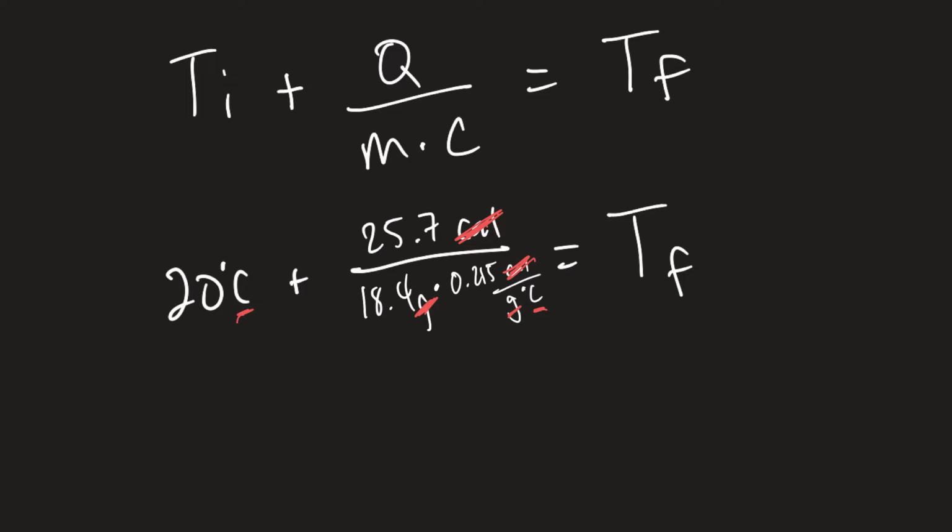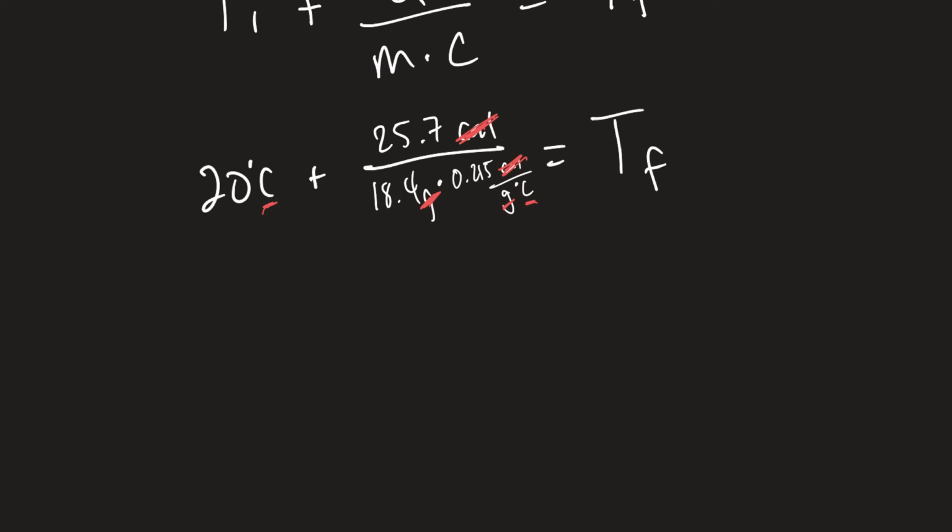That means it will pair up very well with this Celsius, so you can simply add them up. When you put this in your calculator and add up these numbers, you get that the final temperature is 26.5 degrees Celsius. And that's how you figure this particular question out.